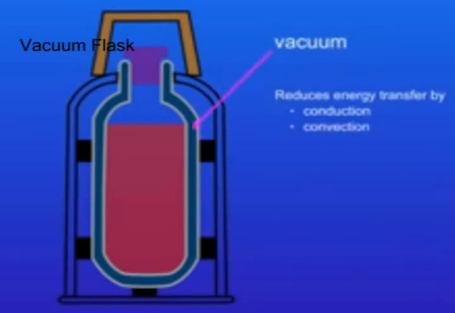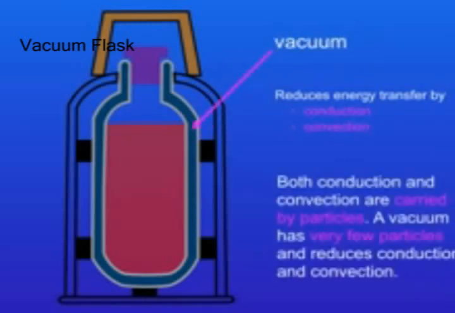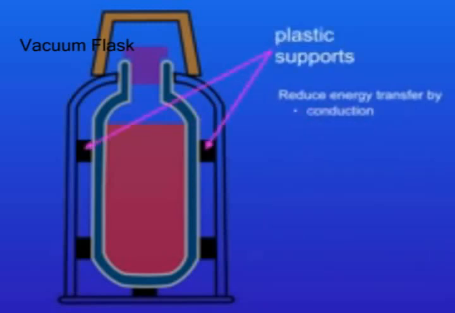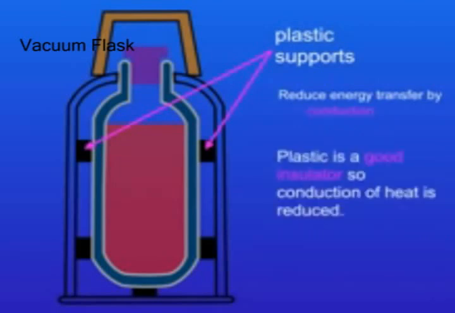The vacuum between the layers prevents both conduction and convection, because both of these require particles. In a vacuum, there are very few particles, and thus both conduction and convection are reduced. Finally, the plastic supports. This reduces heat transfer by conduction. As we've seen, plastic is a good insulator, so conduction of heat is reduced.